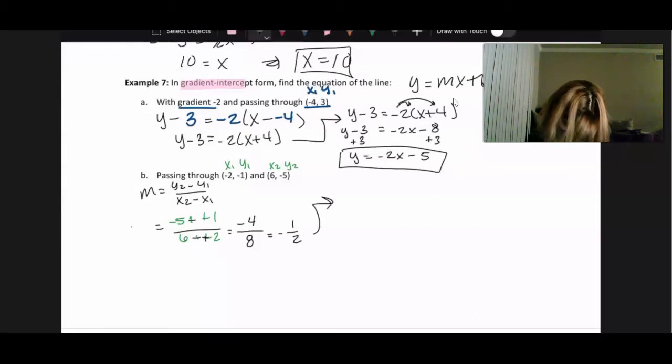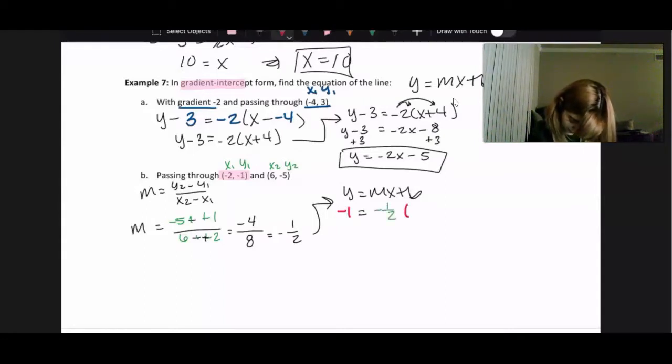The second method is using the form they want you to find it in directly, and then just plugging in values. So let's say I want to use this for my x and y. My y is negative 1 equals, I know my slope is negative 1/2, my x is negative 2, plus b.